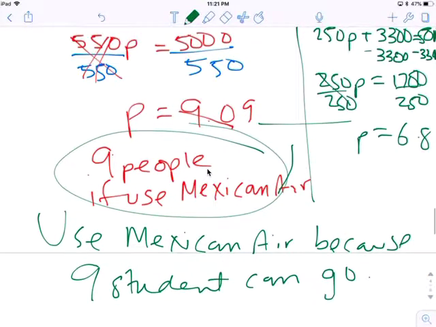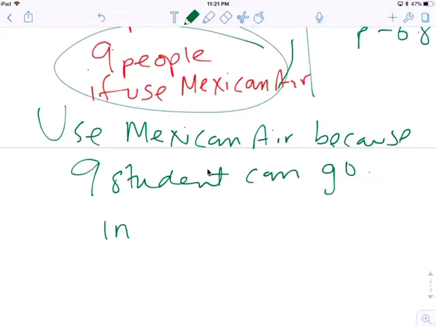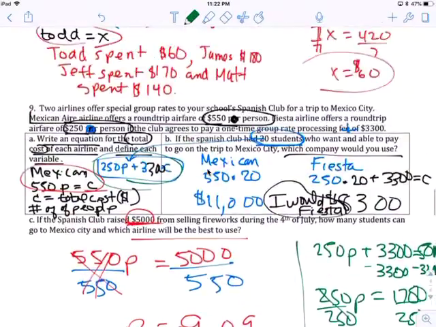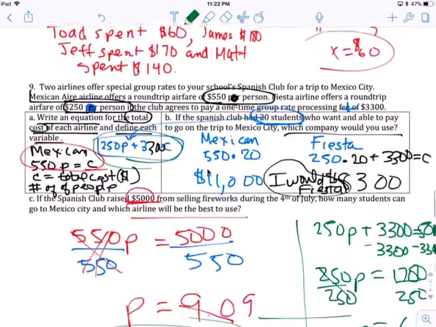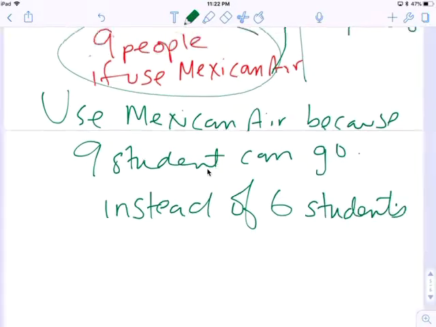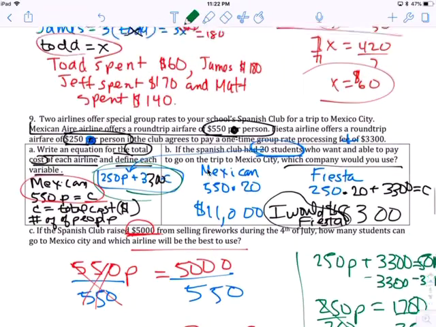Instead of 6. Okay? Instead of 6, right? I'll put G. Alrighty.